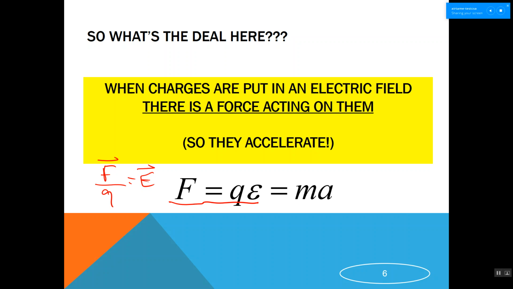Q is the charge that we place in the electric field, and if we place a charge in an electric field, it's going to experience a force F. And of course, we know that there is an acceleration. Any force has an acceleration, we call it ma. That's Newton's third law? Third law? Second law, I can never remember the name. Third is, you're right, second is F equals ma.